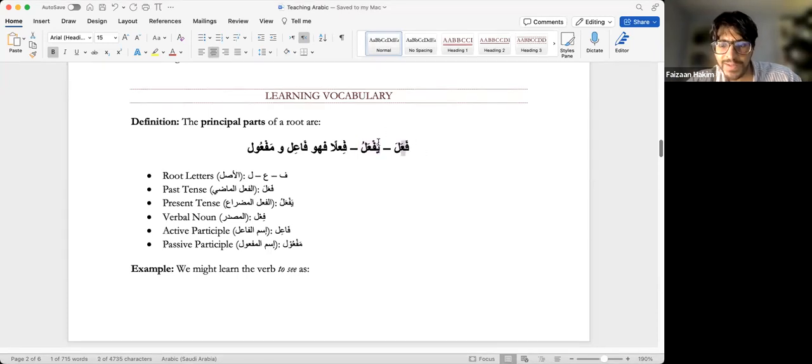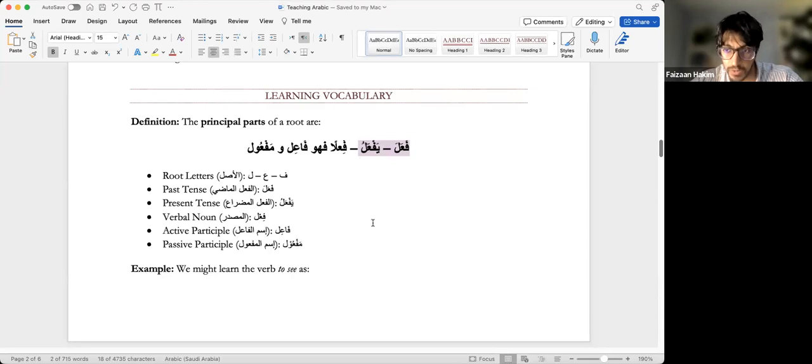There's فعل, there is سمع. It's not سمع, it is سمع with a كسرة. So that's why this is going to tell us what the vowels are. سمع يسمع. You can have ضرب يضرب. So it's an E here, not an A. So we have فعل يفعل, the past and the present.